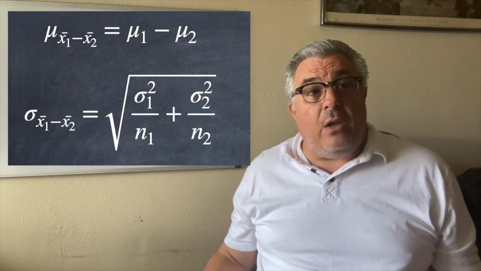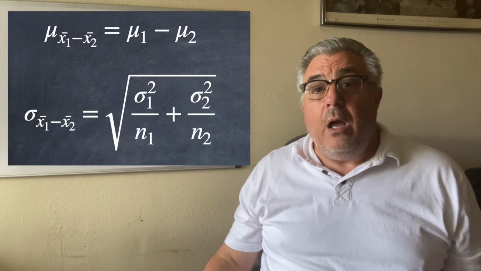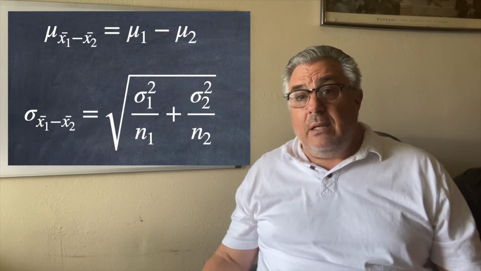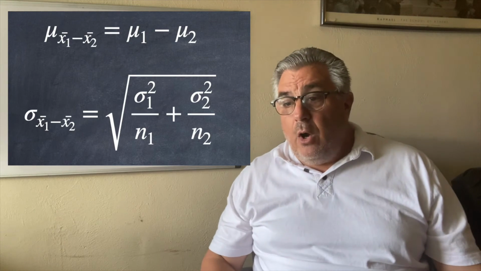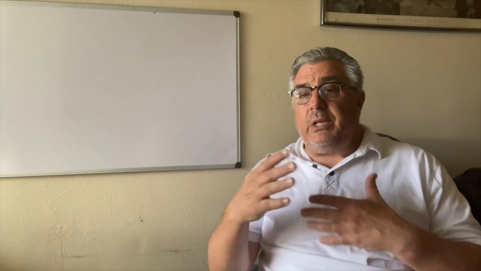It doesn't follow the flow of our intuition, but it's the square root of sigma 1 squared over n1 plus sigma 2 squared over n2. So at the end of the day, it's really nice that our new statistic from the data, x bar 1 minus x bar 2, also falls out to a normal distribution with those parameters.